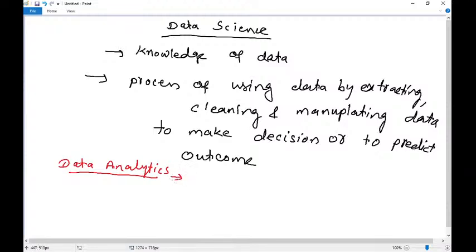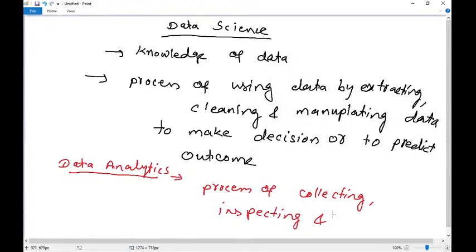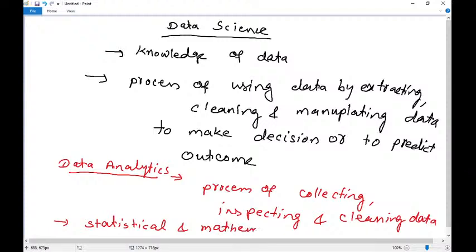Analysis is only a process of collecting, inspecting and cleaning data, and we do this by performing statistical and mathematical operations.